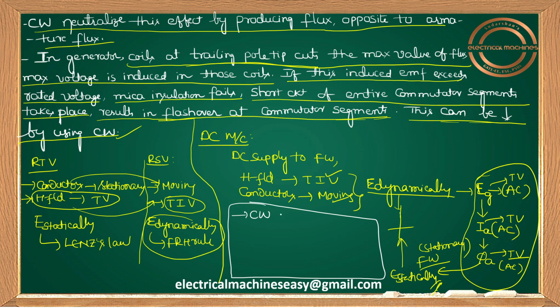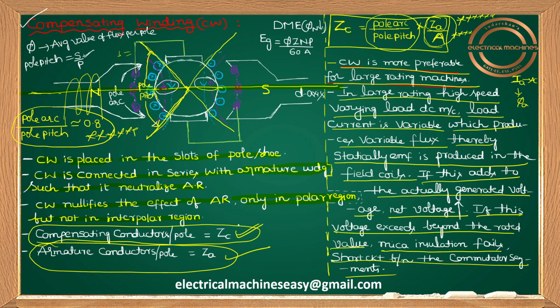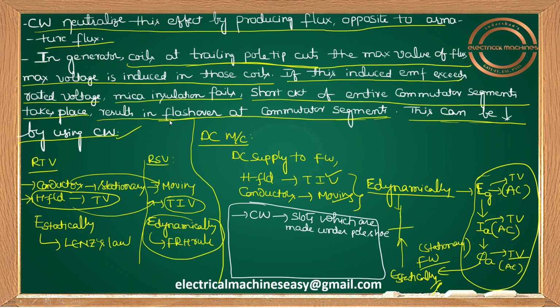The compensating winding is placed in slots which are made under the pole shoe, that is, in the main poles. Whatever pole shoe is there, in that pole shoe I have to make some slots, and in the slots I have to place this compensating winding.